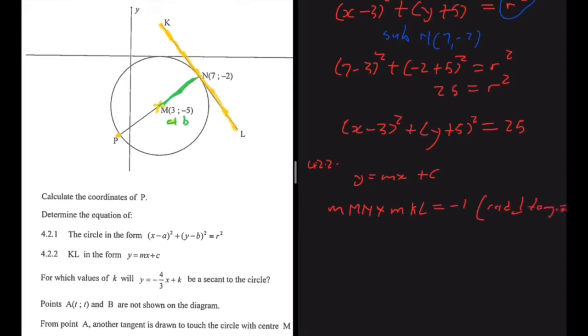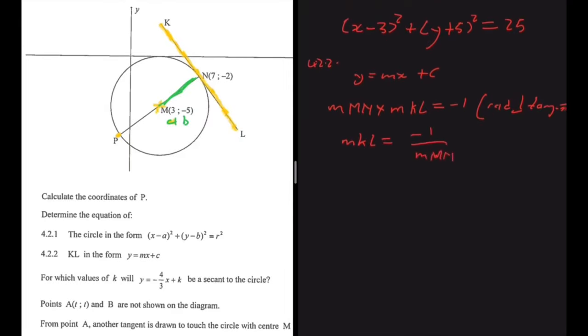So if we make the gradient of KL the subject of the formula here, we're going to get minus 1 divided by the gradient of mn, right? So the gradient of KL will be equal to minus 1 divided by (y2 minus y1) divided by (x2 minus x1). Obviously you can calculate the gradient of mn separately, but I'm just going to put it all in at once and see what happens.